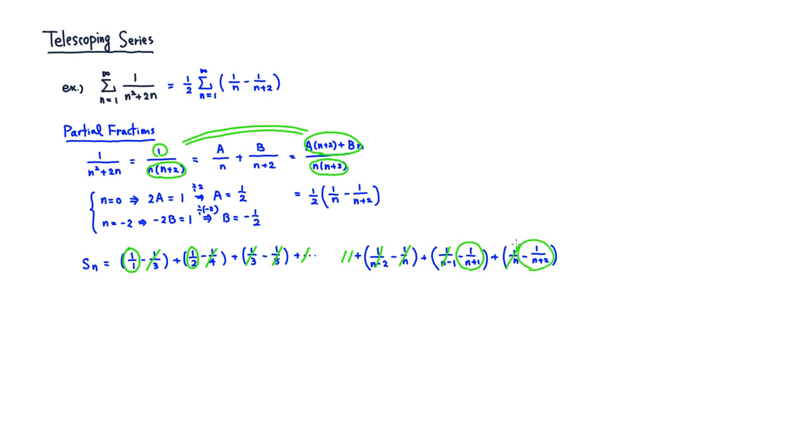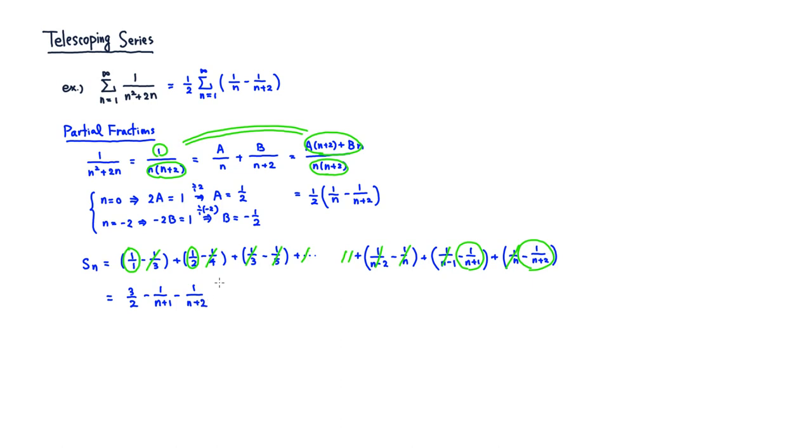So the partial sum becomes 1 plus 1/2, which is 3/2, and you have a couple of leftover terms: minus 1 over n plus 1 and minus 1 over n plus 2. So this is the partial sum.